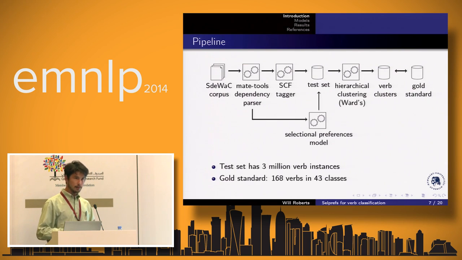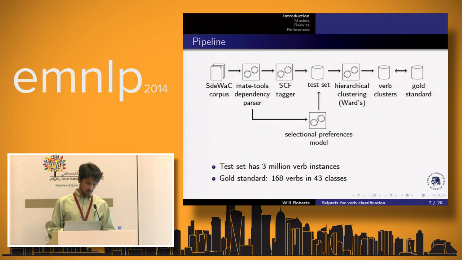So here is a high-level overview of the pipeline that we use in this work. On the left side, we start with this corpus, which is text from Google searches, so text in the wild, which we then automatically parse with a dependency parser that gives us part-of-speech, morphology and lemmatization information.